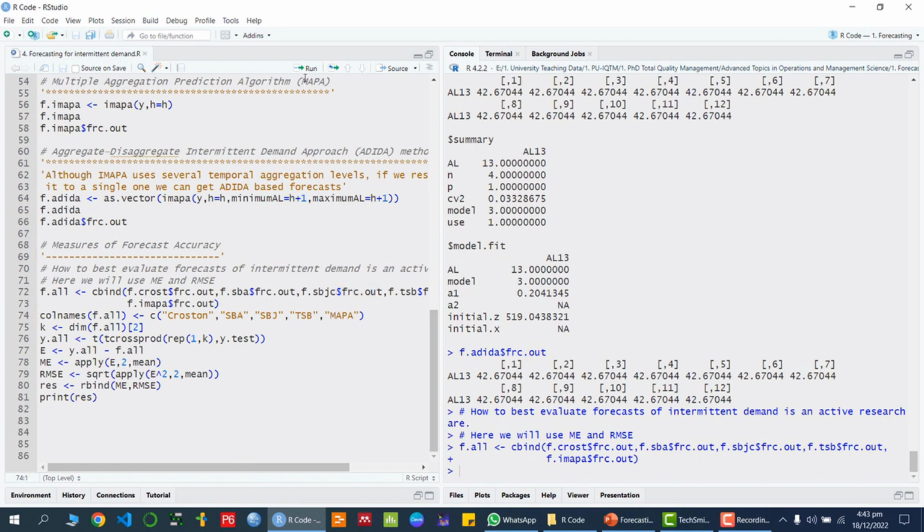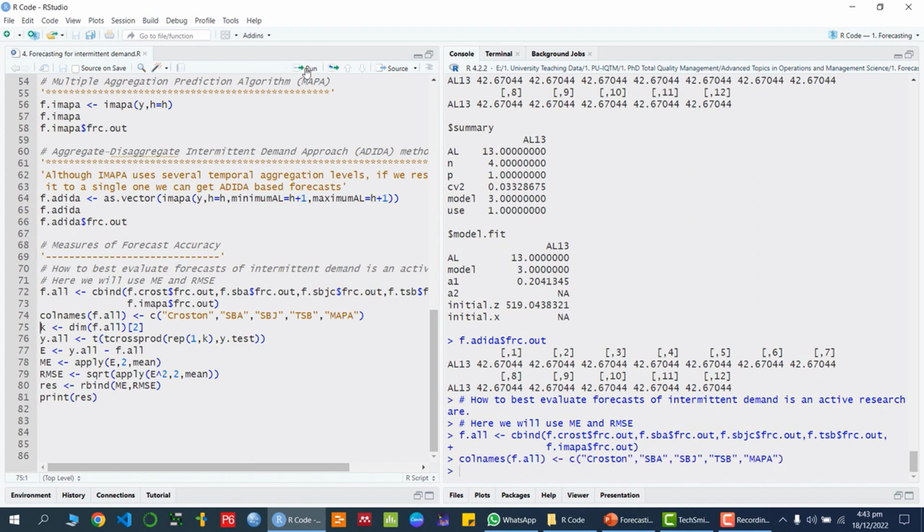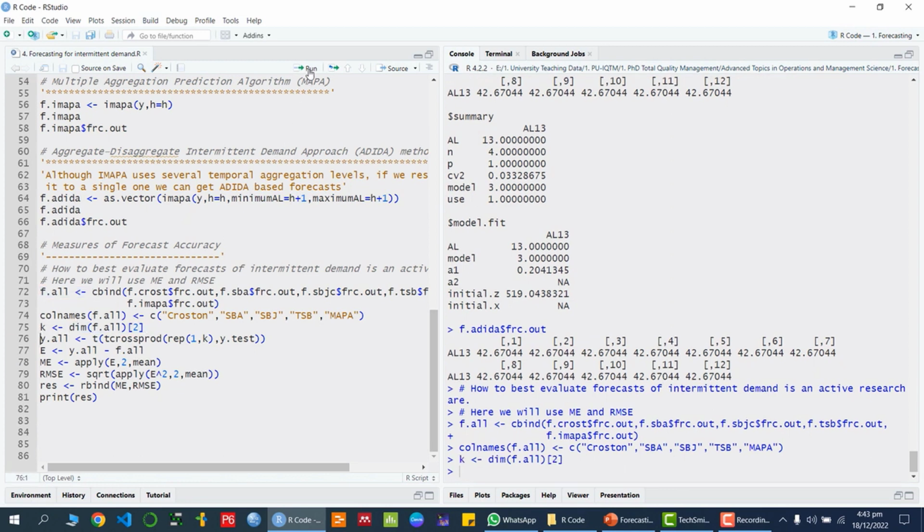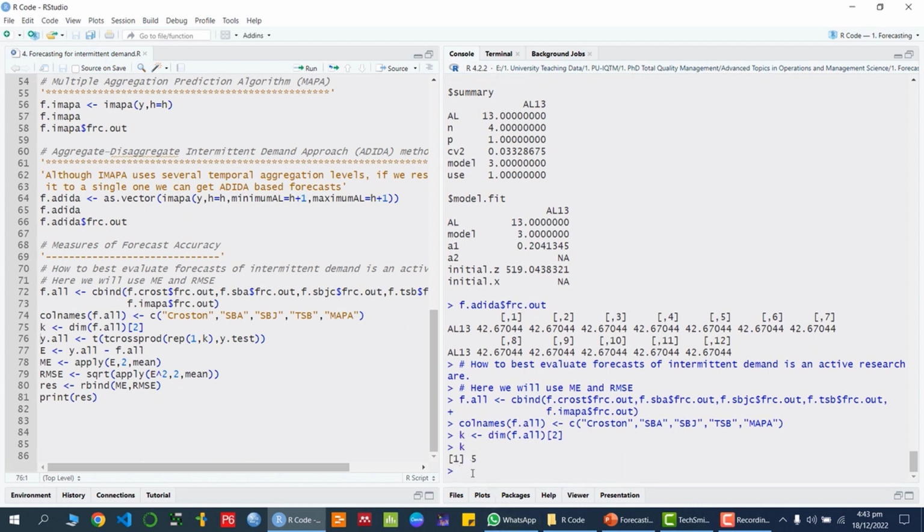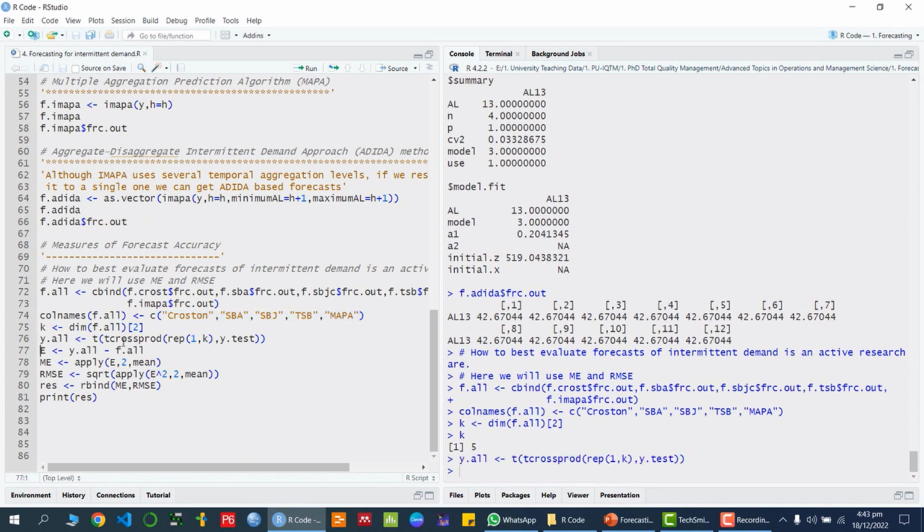After giving the column names, I want to find out the forecast accuracies. I am storing the dimension of this variable into a variable called k. If you run this command k, you can see that it has 5 dimensions, which means we have 5 methods. Then I am taking the cross product for replicating the test values.